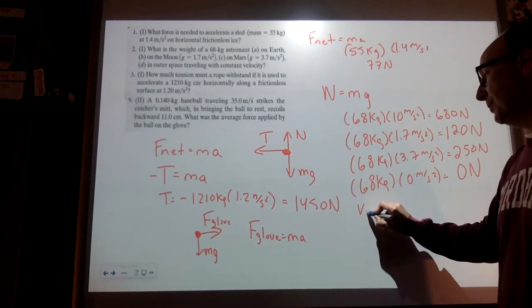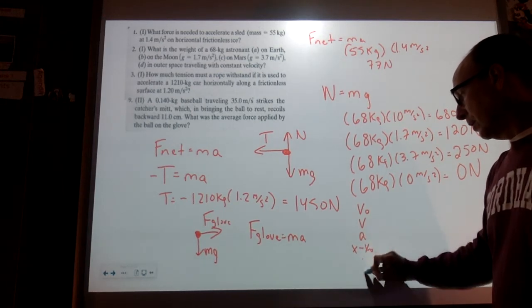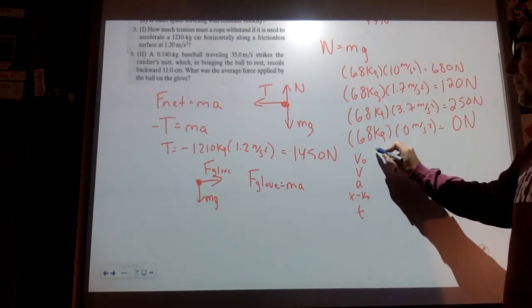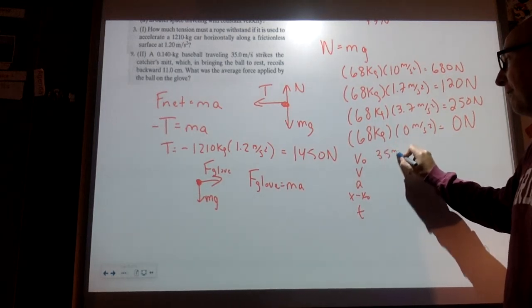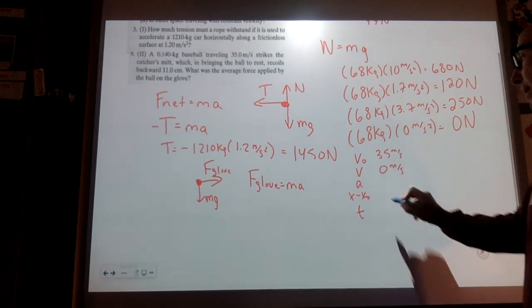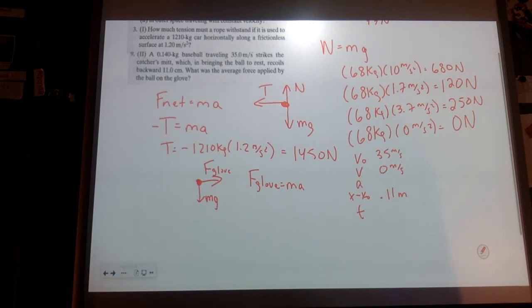I'm going to make a chart. My initial velocity is 35. My final would be 0. My displacement would be 11 centimeters, but that would be 0.11 meters.